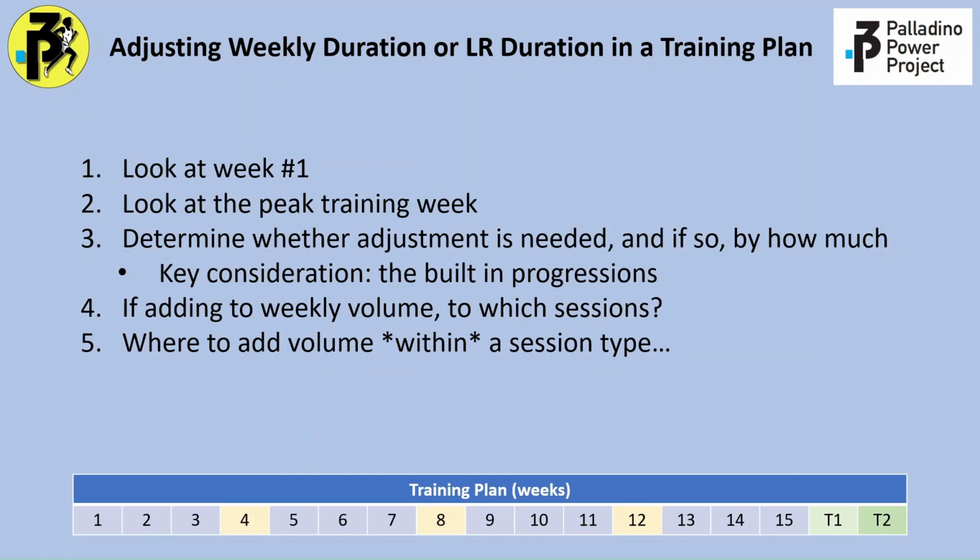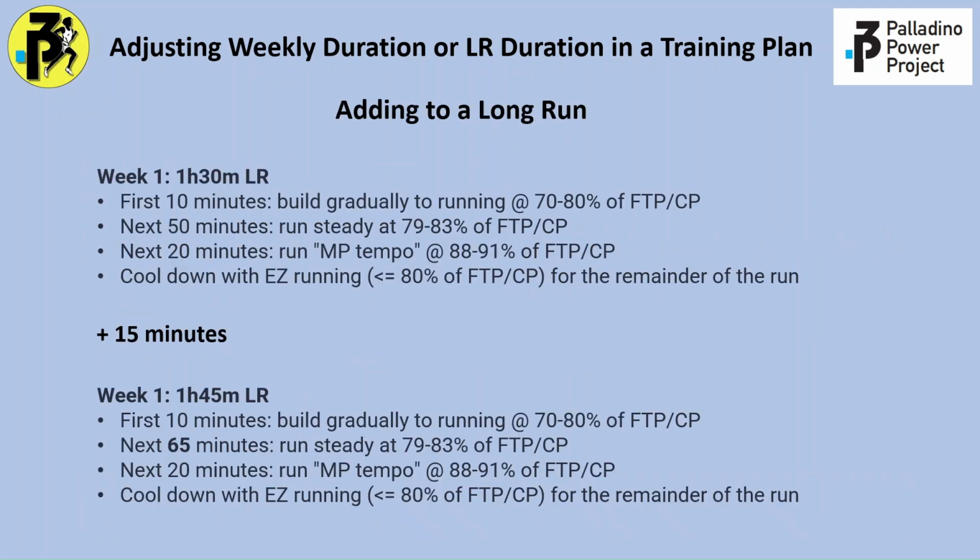What about the workout sessions and the long runs and so forth? So within a long run, if you're going to add time, let's say in this case we're adding 15 minutes to a long run. Generally add it to that steady portion. Okay, so there's a 10-minute easy gradual buildup, then you get into steady, and then you have marathon power tempo.